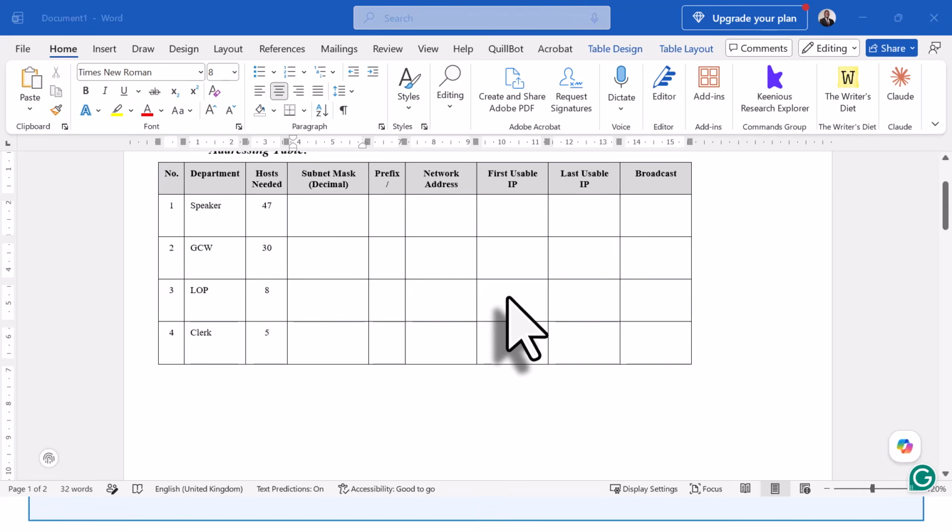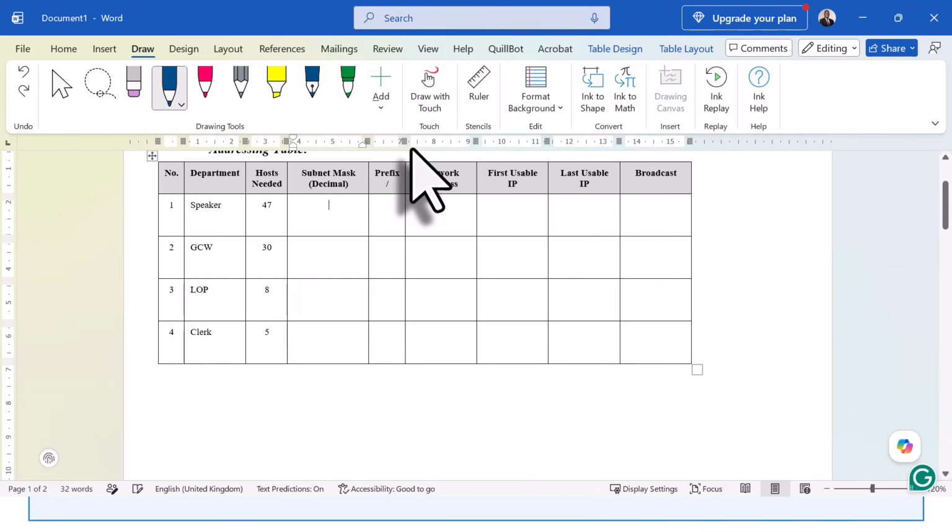Now, as a good networking student, you should have this at the back of your head: for every given network in networking, the block size can be 128, or 64, or 32, or 16, or 8, or 4, or 2, or 1.